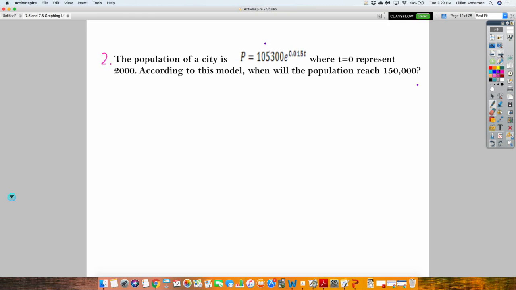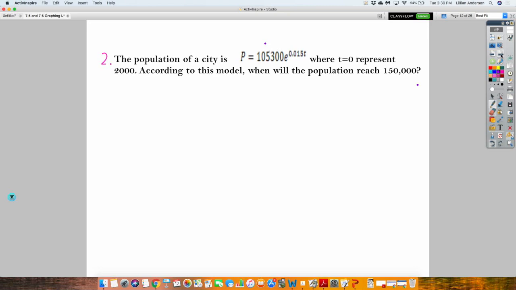Okay? In this particular problem, what variable am I looking for? I'm looking for my T, because it says when will this population reach that amount? When refers to a time. So I'm looking for T. I'm looking for an exponent, which means I'm going to need to solve an exponential equation, which is what we did last week.